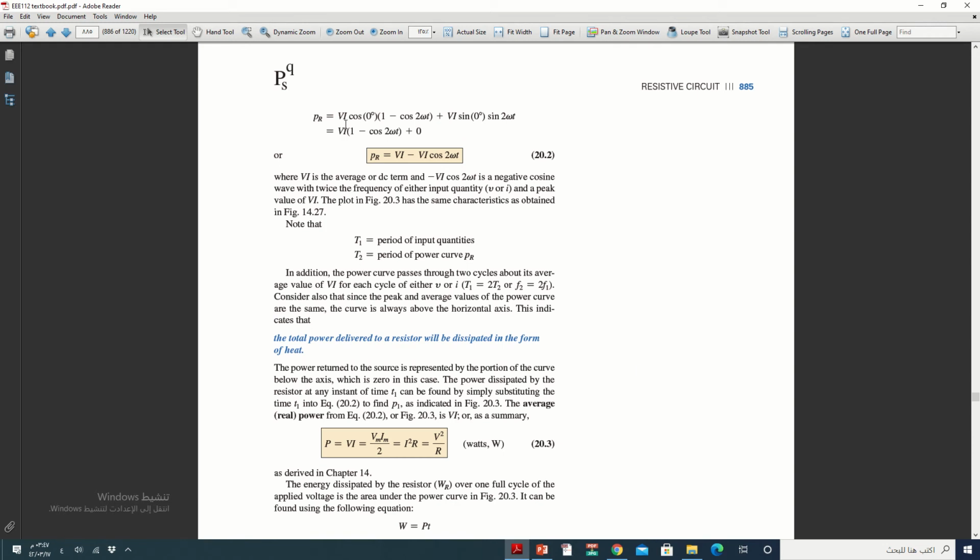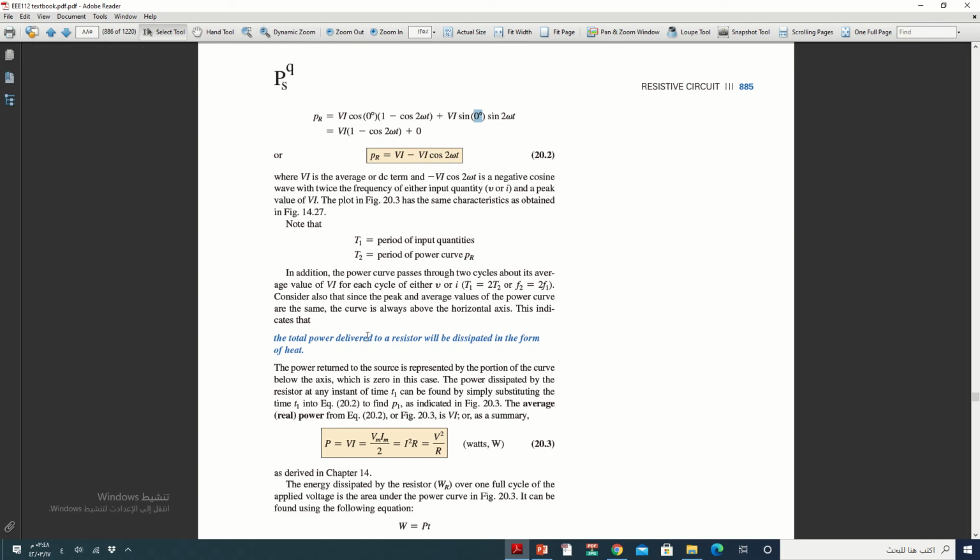If we go through this formula which we wrote before, and substitute sine theta by 0, this term becomes 0, and remaining is Vi minus Vi cosine 2 omega t.